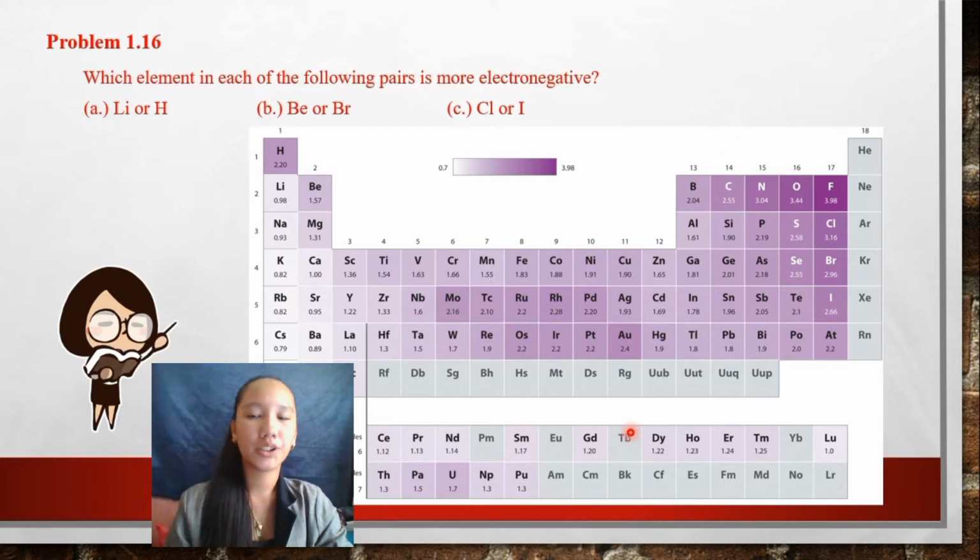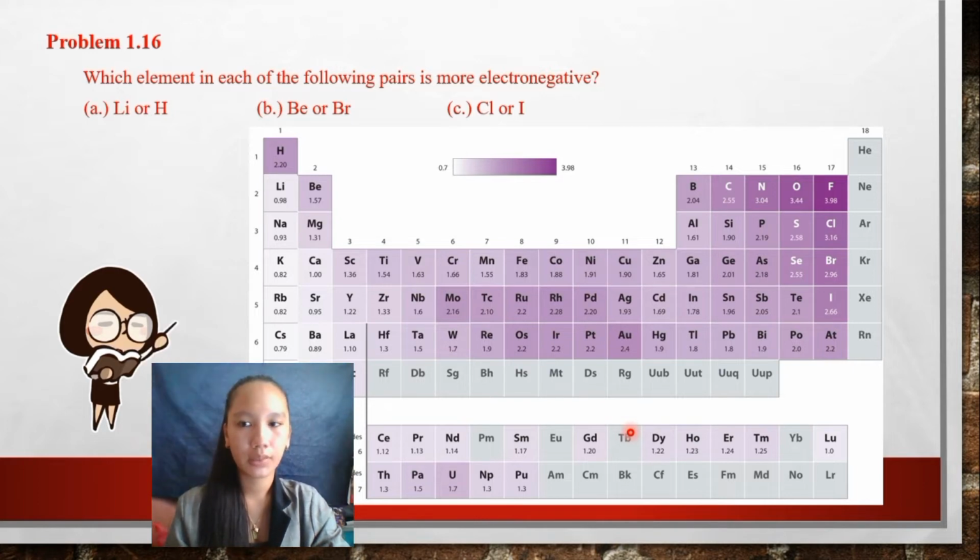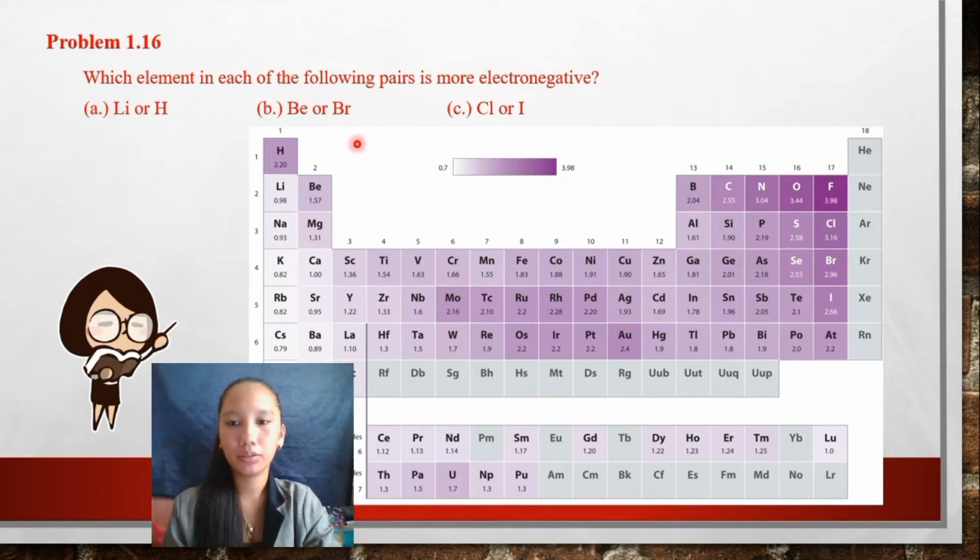Problem 1.16. Which element in each of the following pairs is more electronegative? A. Li or H? Here in our table, you can see the H and Li.